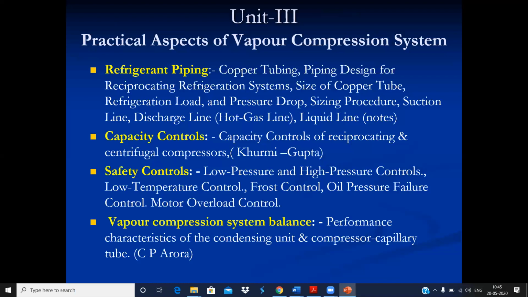There we'll discuss that if we superimpose the performance curves of compressor and condenser, it becomes the performance characteristic of the condensing unit. And if we superimpose the performance curves of compressor and capillary tube, it becomes the performance curves of the compressor-capillary combination. That is like a refrigerator. The condensing unit mainly consists of compressor and condenser. This is about unit number 3.